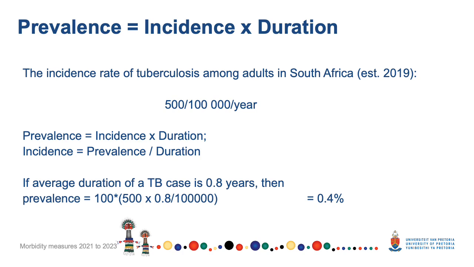Then if you want to know the incidence and you only know the prevalence, you can work out the incidence by saying, well, it's the prevalence divided by 0.8, and that will give you the incidence rate. On the other hand, if you want to work the other way, here we've worked it out. Prevalence equals 100 times 500 times 0.8 over 100,000, and it comes to 0.4%. So there's a nice relationship between incidence and prevalence.